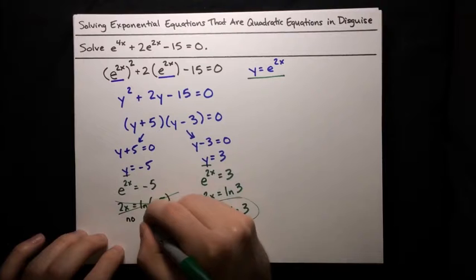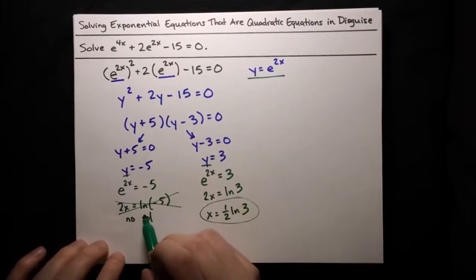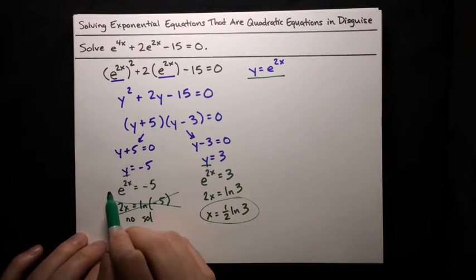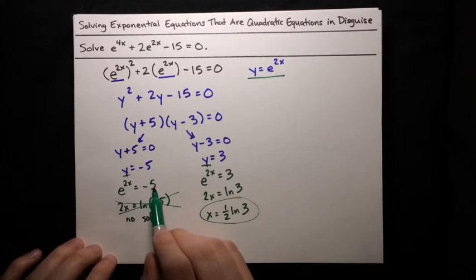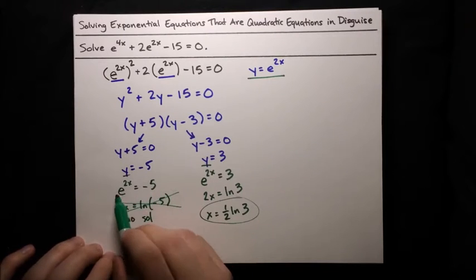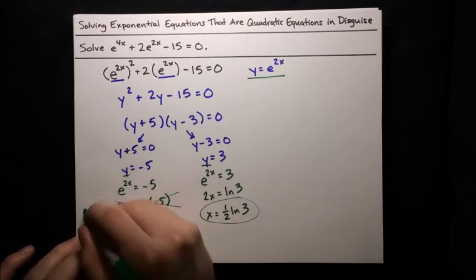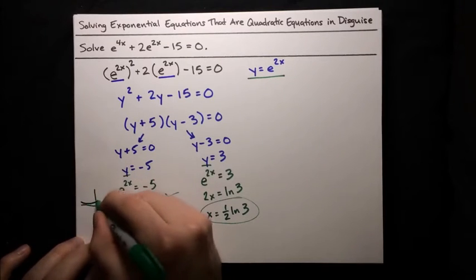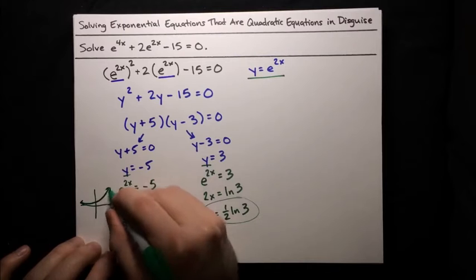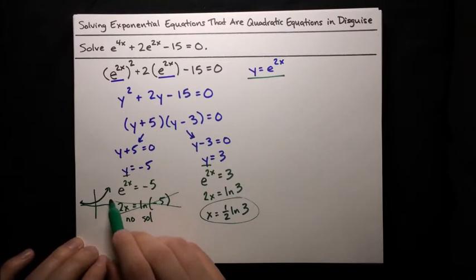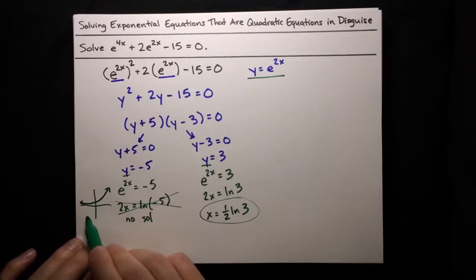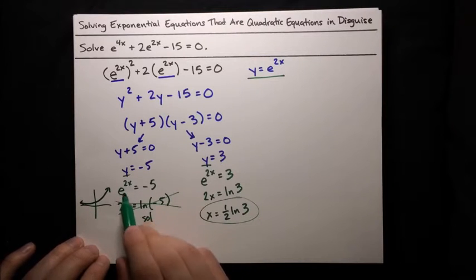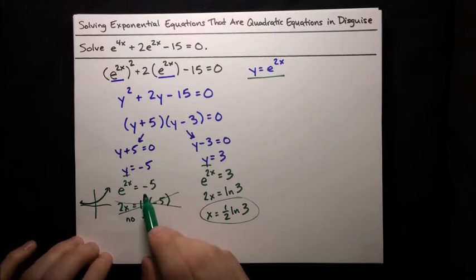So no solution. And we can also see that from this equation right here, e to the 2x equals -5, because remember the graph of e to any power is going to look like this. It's exponential growth, and this is never negative. It's got an asymptote at y equals 0. It's approaching 0, and it never crosses into the negative. So there's no x for which e to some power is -5.